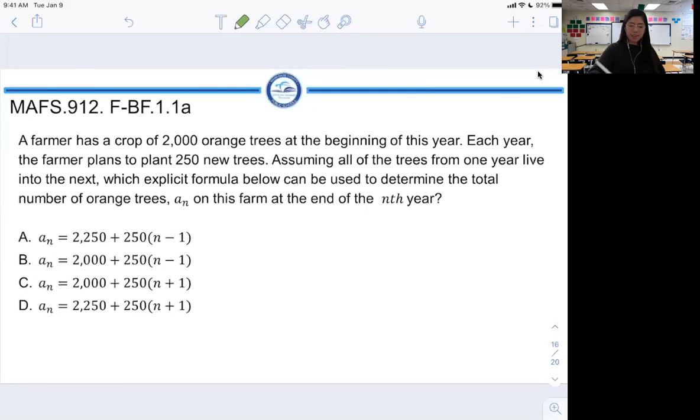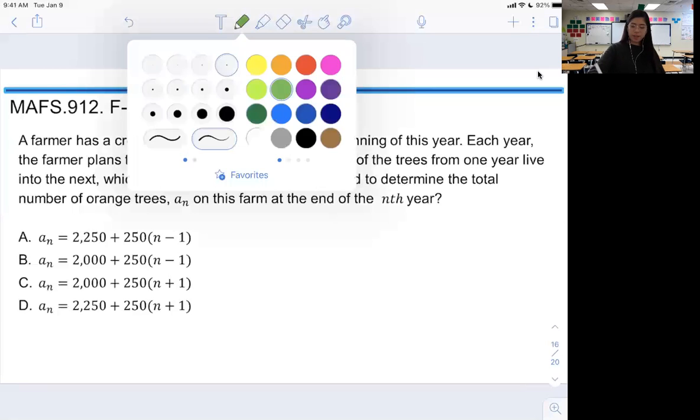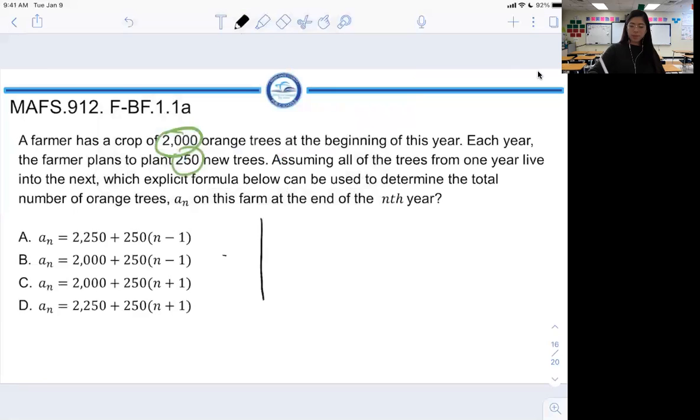A farmer has a crop. Okay, so he starts with how many? He starts with 2,000. And what happens every year? They plant 250 new trees. Okay. So even though I don't have a sequence written down in front of me, I can make one.